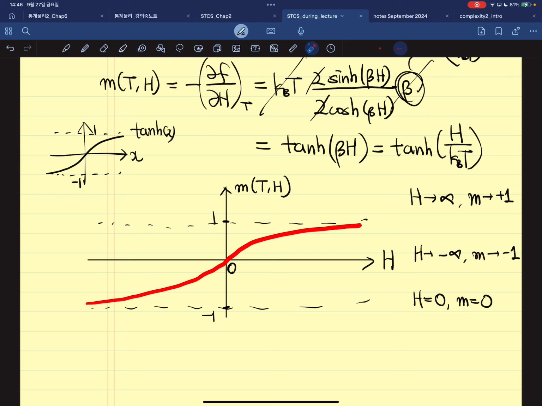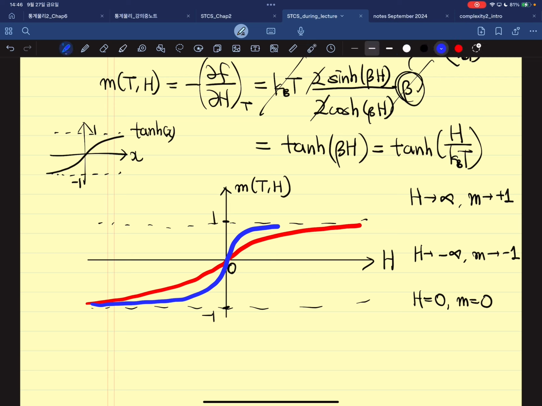So essentially, it will become like this, because a very small change in h causes a large change in the hyperbolic tangent function itself.